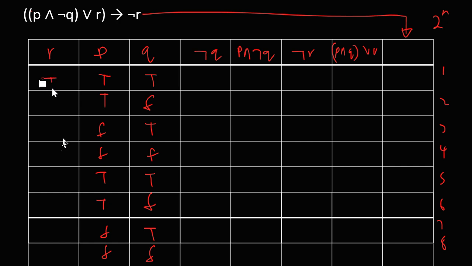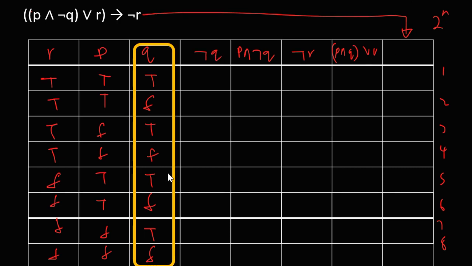This is going to be true, true, true, true. How many are there? 1, 2, 3, 4. Then false, false, false, false. And here we've covered all the possible truth values. So let's move on. Here they want not Q, so whatever is the opposite of Q.